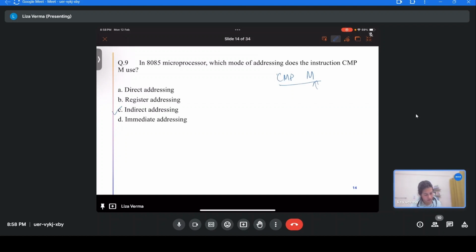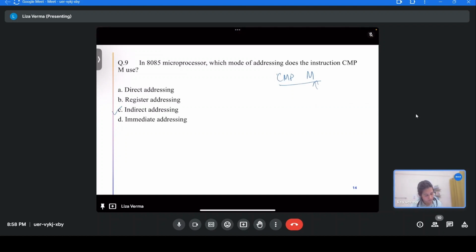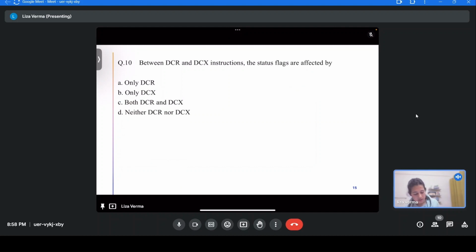Next question. Between DCR and DCX instructions, which of the following affects the flag status: either of them, both, neither, or only DCR? Only DCR. Does everyone agree? Yes.